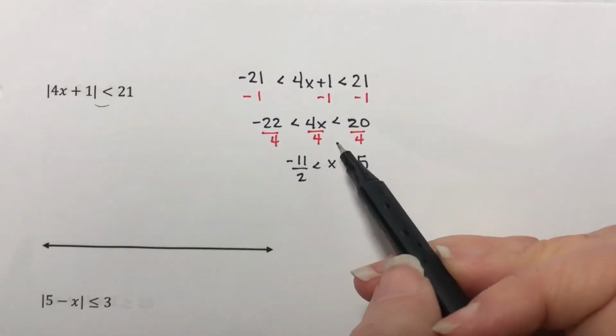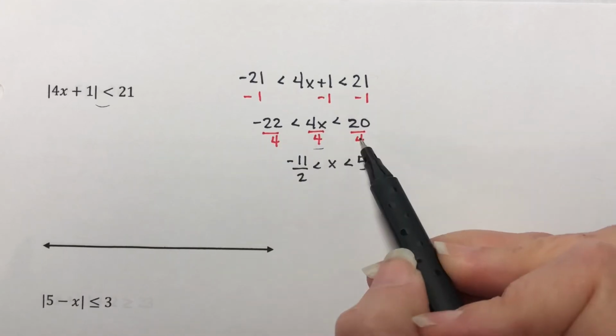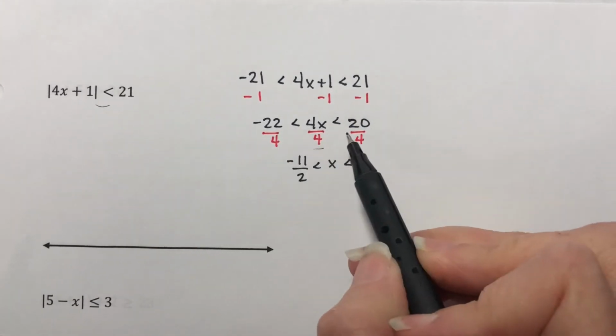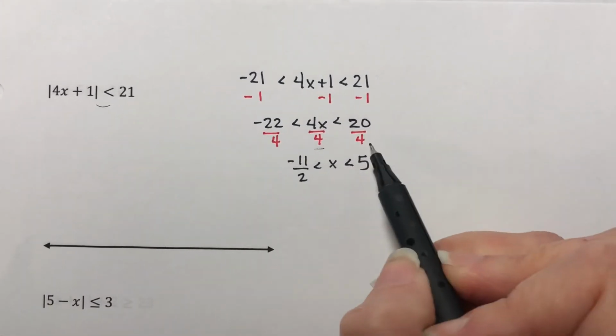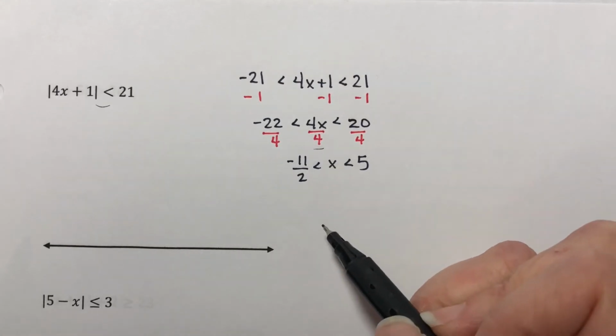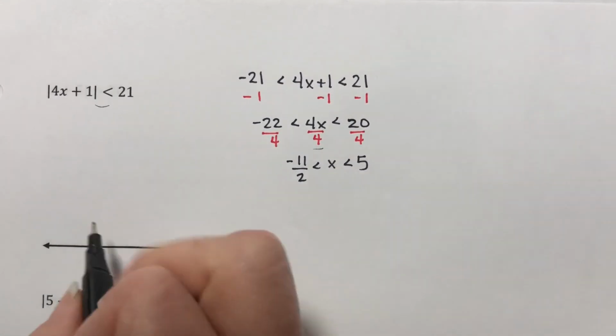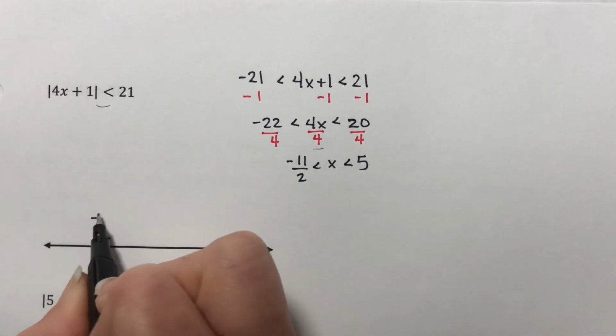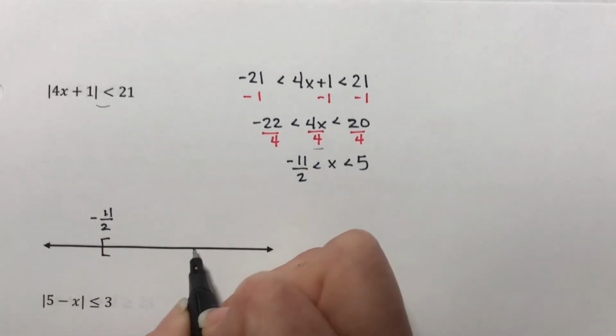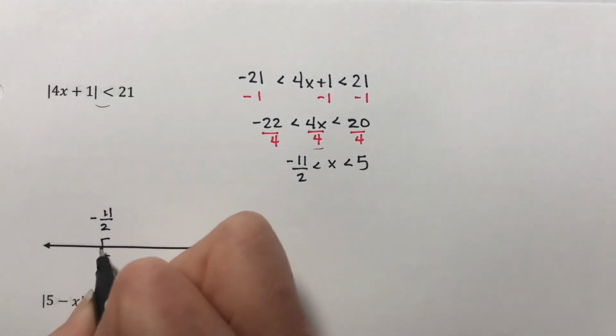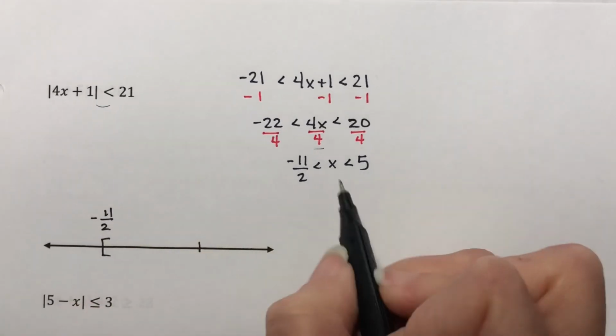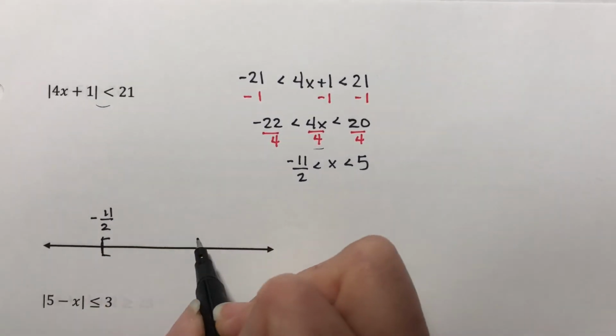Now don't forget that you have to be aware if you divide by a negative, you have to flip the signs, and you're going to have to flip both signs. Okay? We divided by a positive here, we didn't have to worry about it. Put these two numbers on your number line. -11 halves, and I messed up here. I should have just put a line here.